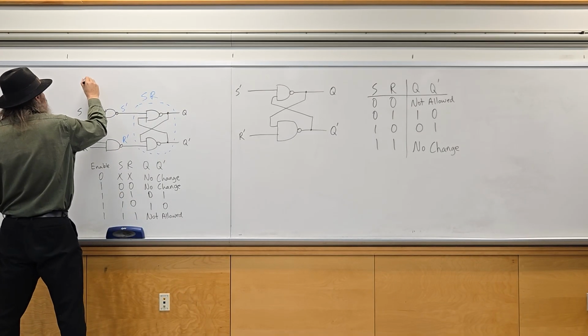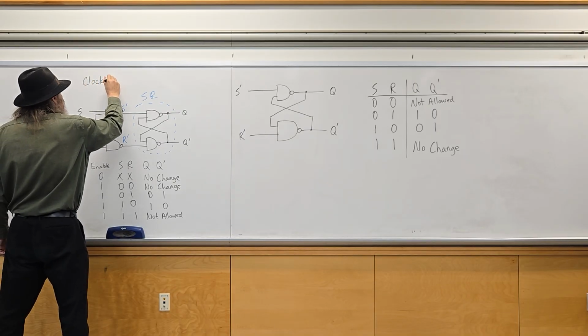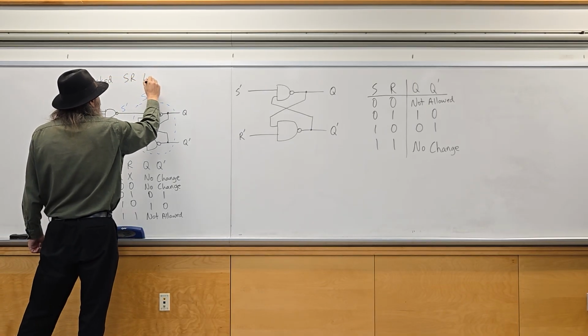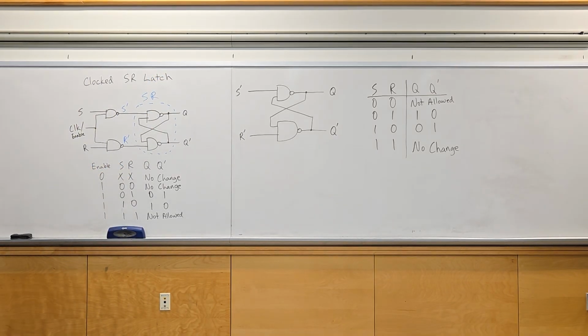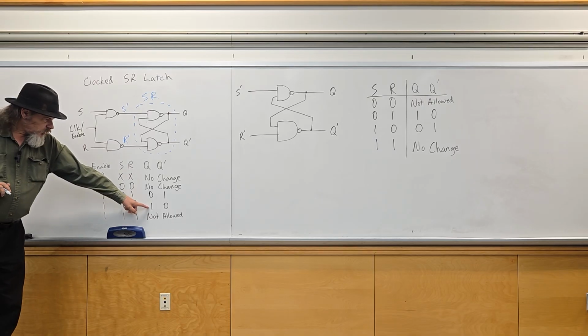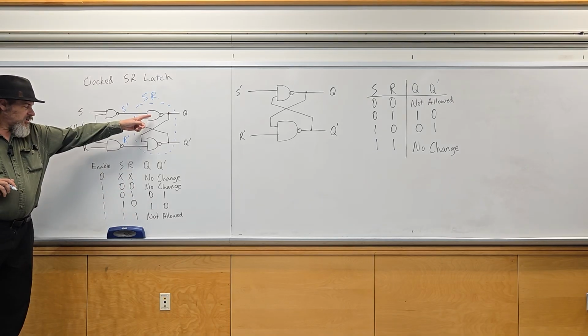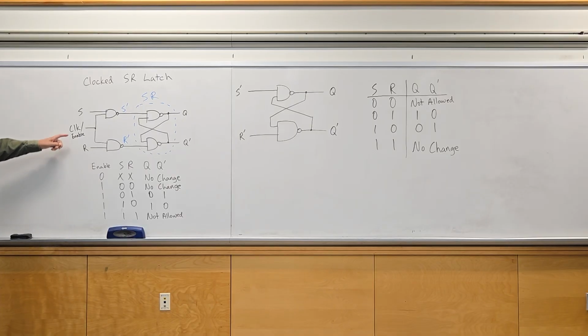This is the clocked SR latch. As you can imagine, this is one of the most basic forms of memory. When you put a 1, for example, in Q, and then disable the clock, there's no change.